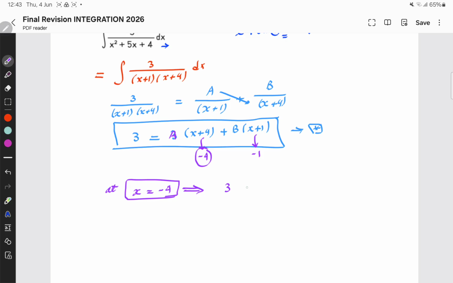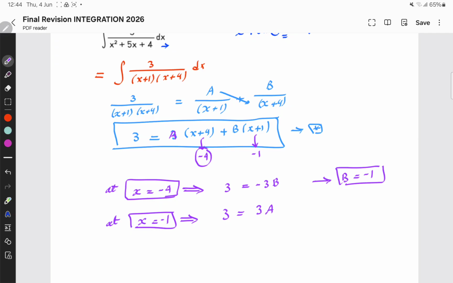So I get 3 equals B times (-4 plus 1), it's -3B. So the value of B is equal to -1. By the same way, we use the other zero, x equal -1, to eliminate B. So we have that 3 is equal to A times (-1 plus 4), it will be 3A. So the value of A is equal to 1.